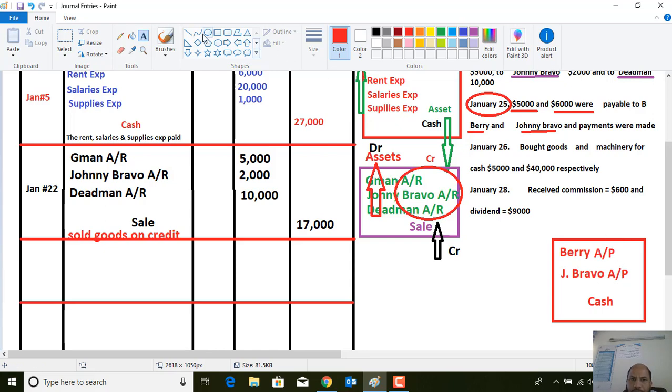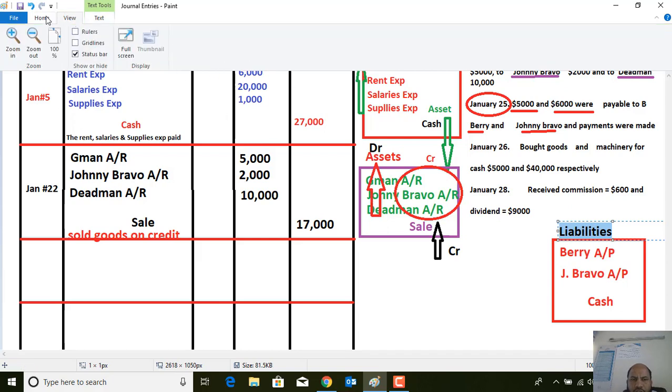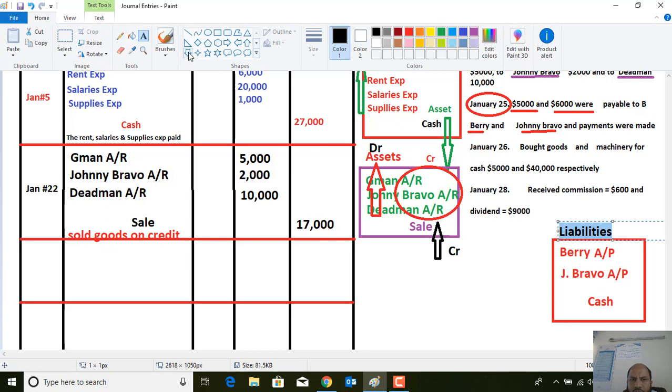So what happened? The liabilities of the company decreased. Within the business, these two accounts decreased.